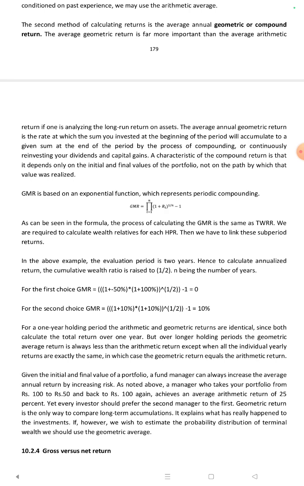The average annual geometric return is the rate at which the sum you invested at the beginning of the period will accumulate to a given sum at the end of the period by the process of compounding, or continuously reinvesting your dividends and capital gains. A characteristic of the compound return is that it depends only on... GMR is based on an exponential function which represents periodic compounding.